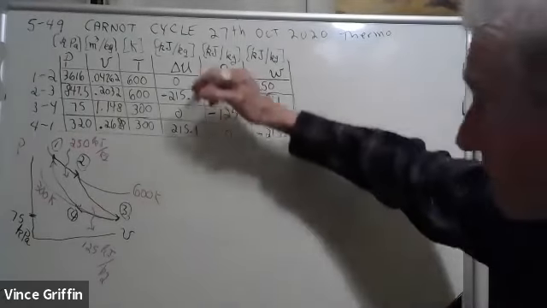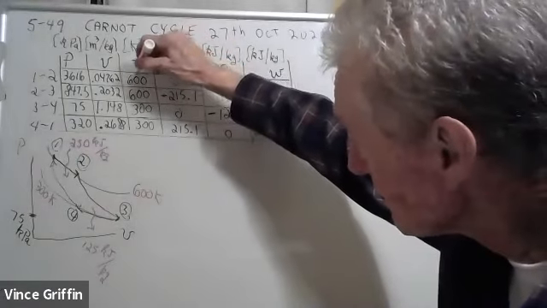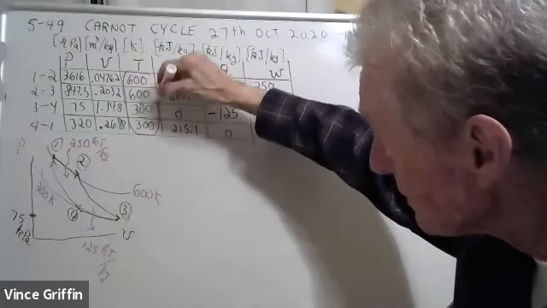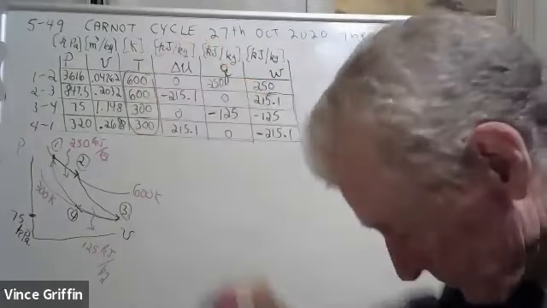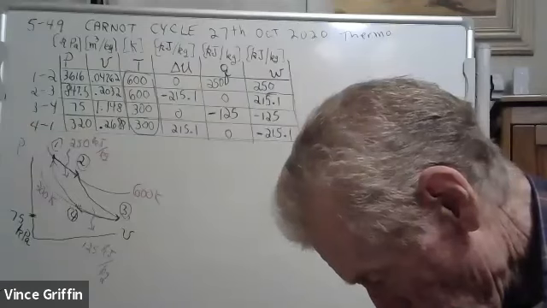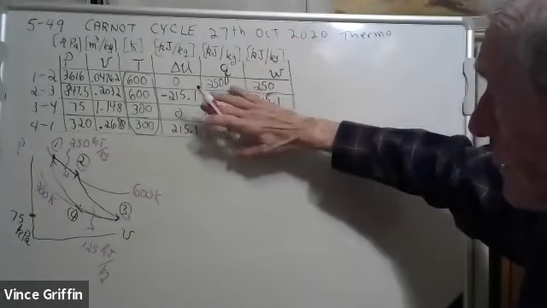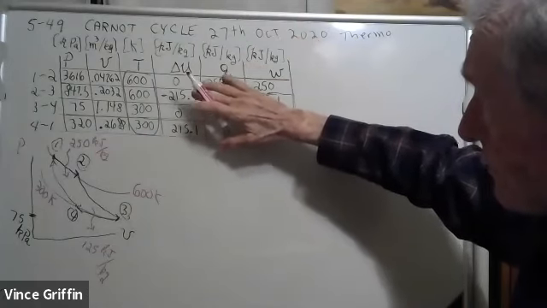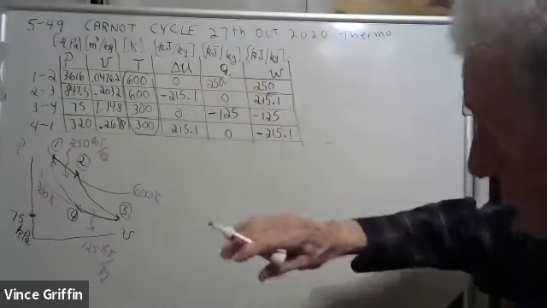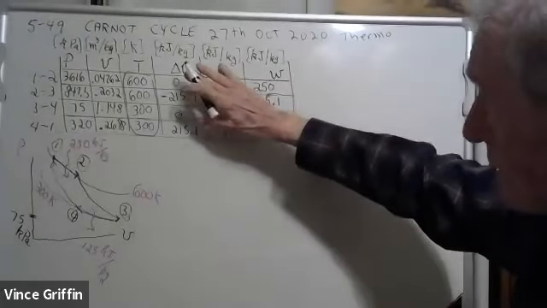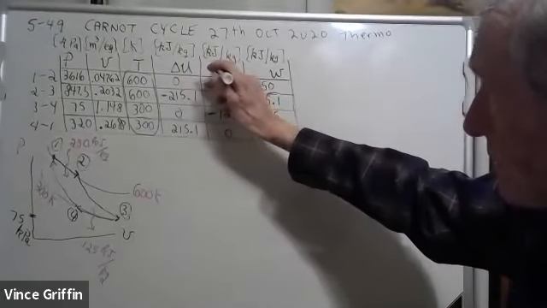All the temperatures are given, guys. They gave us these 600 and 300. We know all those. The heat added at the high temperature is 250. That looks like 2500, but that's supposed to be a little Q right there.